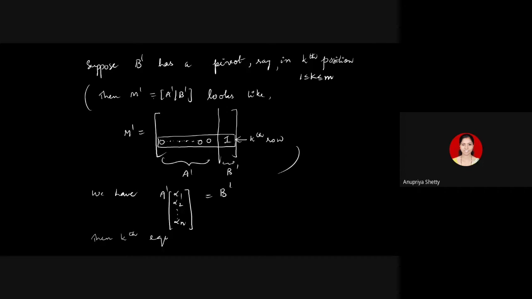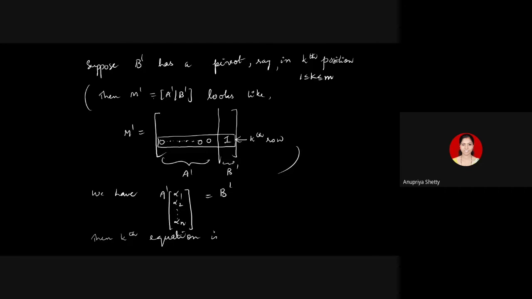The kth equation is, what is it? Look at the kth row of A dash and also the kth entry in B dash. So here, what are present in the kth row of A dash? Only zeros, right? Concentrate only on A dash, only on the first block.